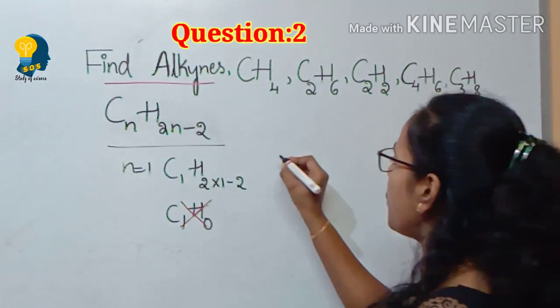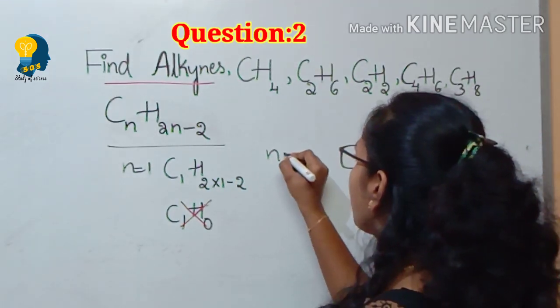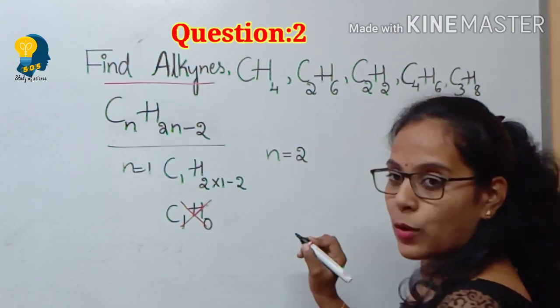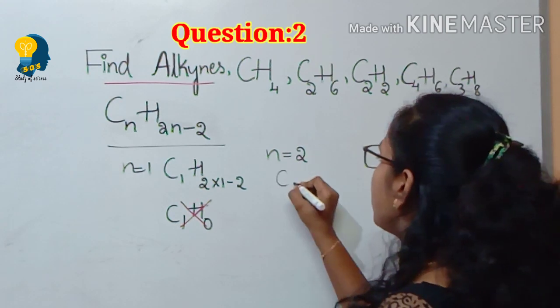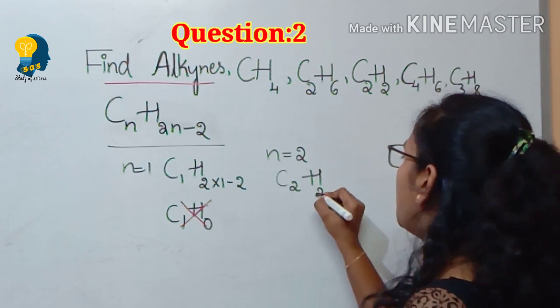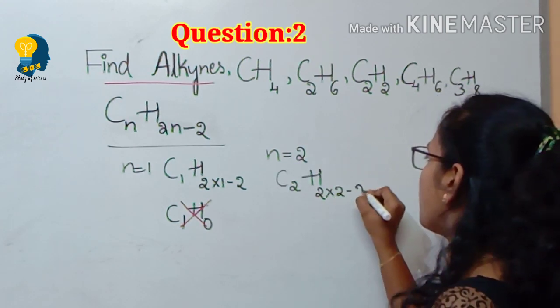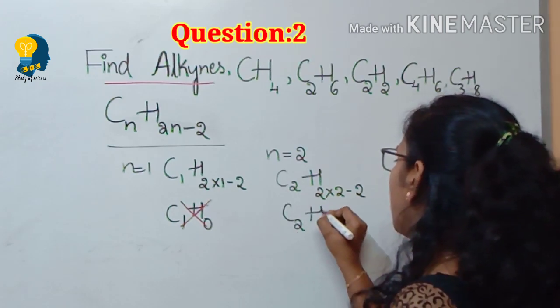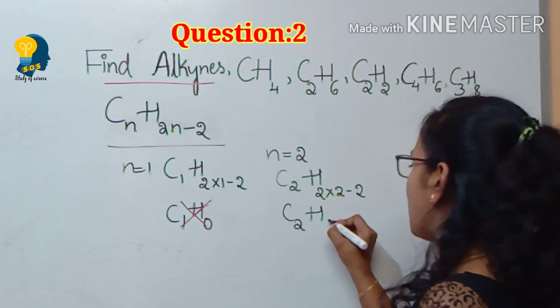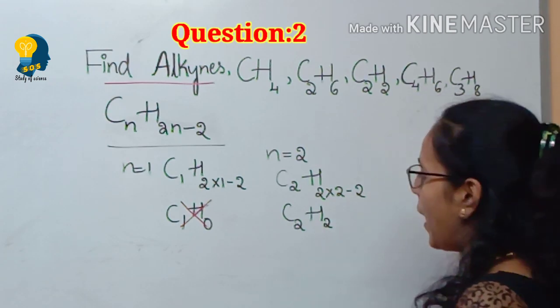Now let us substitute n equals 2. When I substitute n equals 2, for this formula, it is C2H(2 into 2 minus 2). That will be C2H, 2 2s are 4 minus 2 is 2. C2H2.